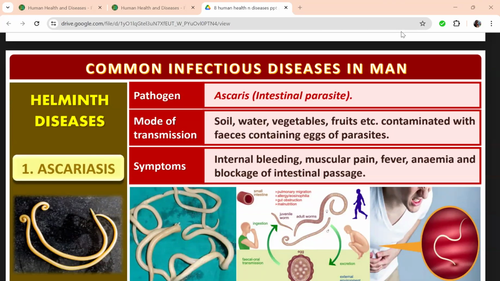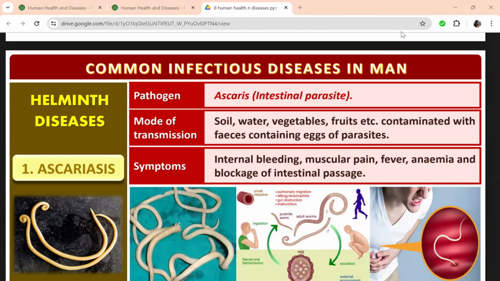Hello everyone, welcome. So we have talked about various diseases in man and now we'll be talking about a few more diseases in man. So the helminth disease, which is the first one, is ascariasis. Ascariasis is caused by an intestinal parasite, which is Ascaris.